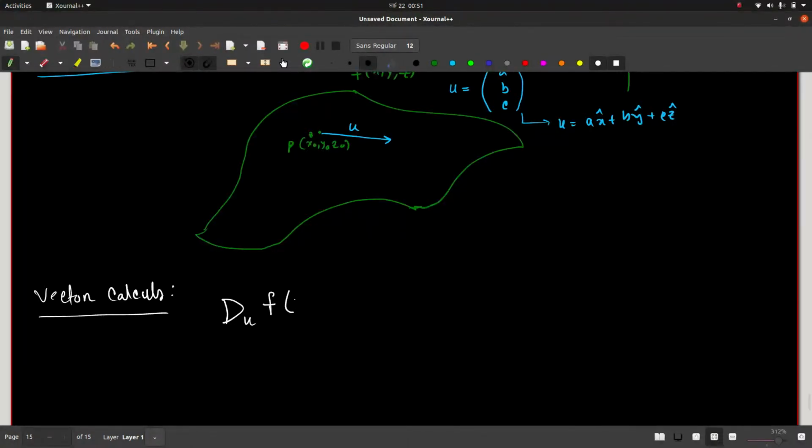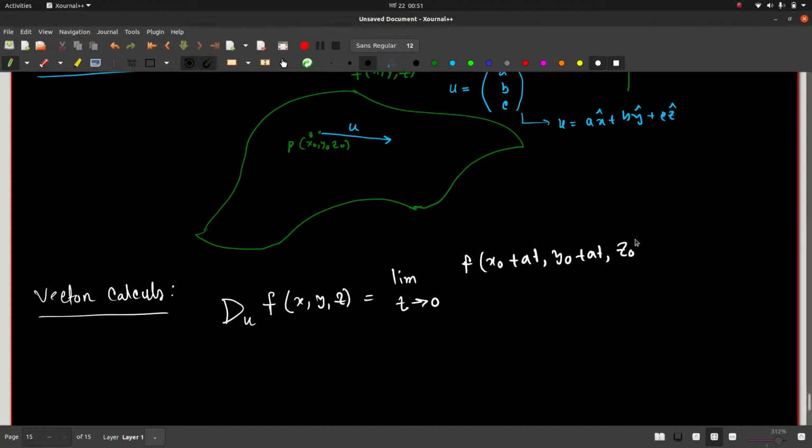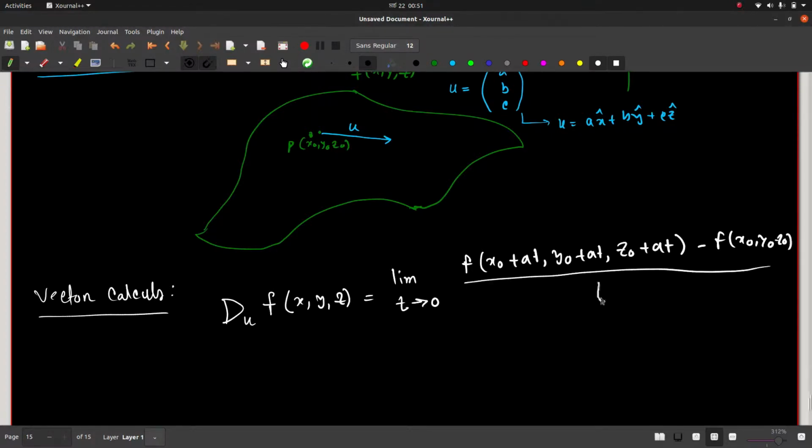Our function is f of x, y, z, and it is defined as the limit as t goes to 0 of f of x0 plus at, y0 plus bt, z0 plus ct, minus f of x0, y0, z0, divided by t. So what is this t?